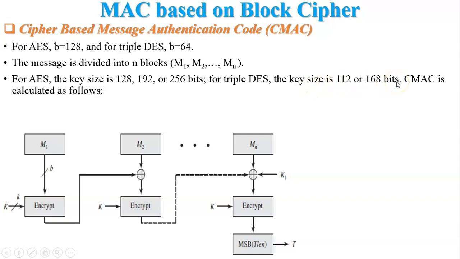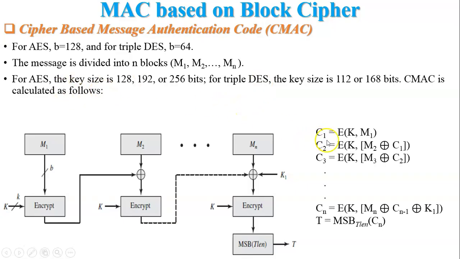CMAC is calculated as follows. The first equation is C1 equal to encryption with the key K of the first block M1. The output of the first block is XORed with the second block M2 and encrypted using AES or triple DES to generate another output. The process goes on, and in the last block CN is equal to encryption with the key K of MN, the last block of the message, XORed with the previous output and XORed with the new key K1.